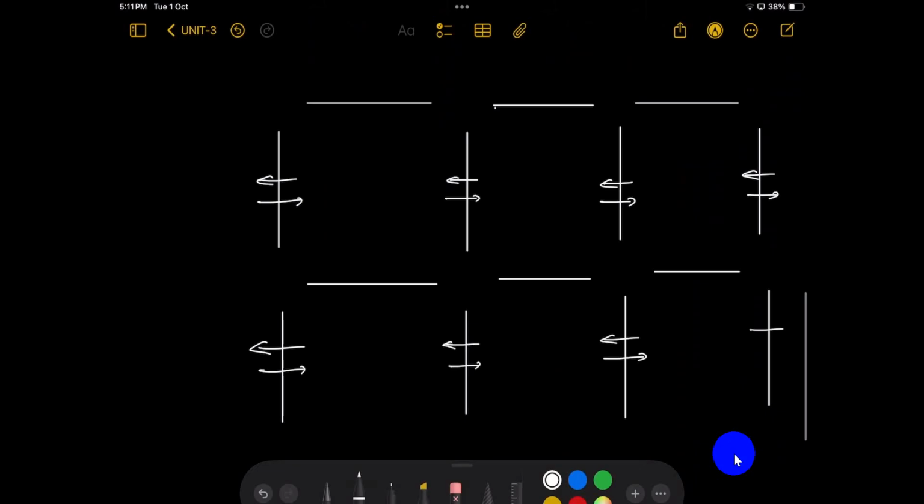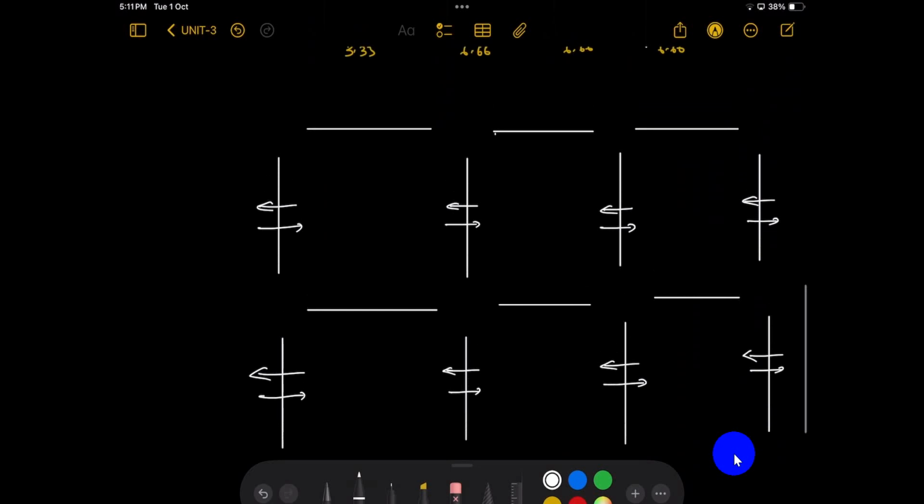This is a hinge, that's why only shear, there is no moment if you cut it. So write down the values.